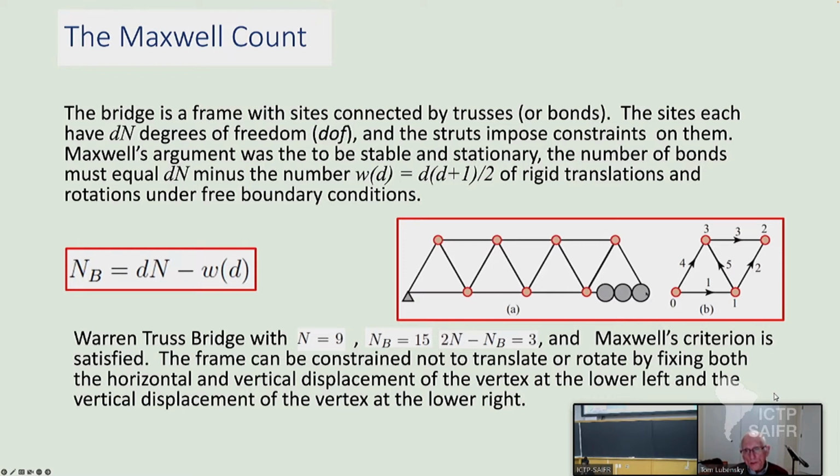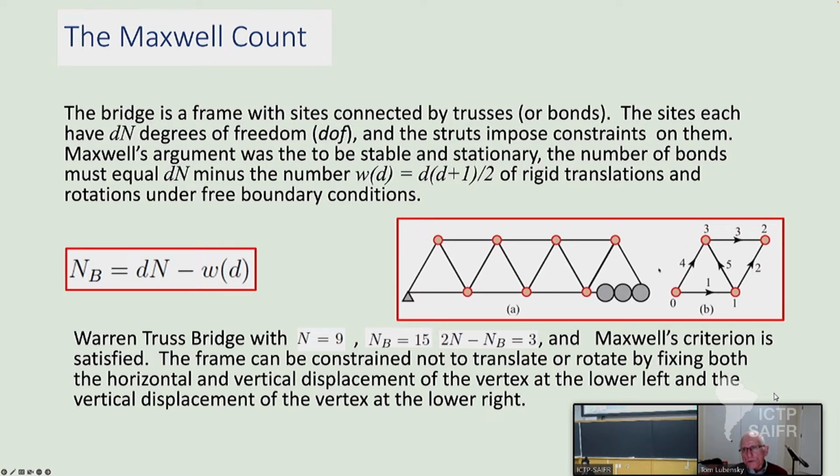And then over at the other side, you constrain the site so it can go back and forth a little bit, but it can't go up and down. And in fact, if you look at a bridge, you'll find at the end they usually have a set of rollers so that the expansion of the trusses is acceptable, but moving up and down is unacceptable.